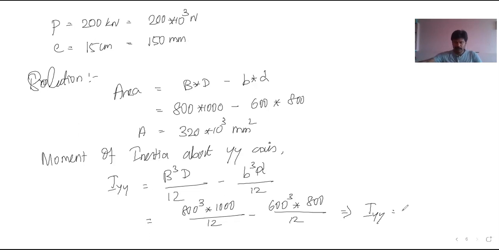The answer is 2.827 into 10 to the power 4. So this is the value of Iyy.